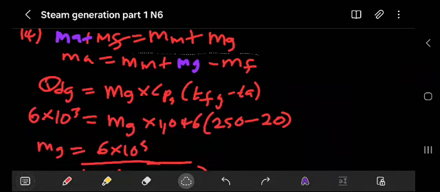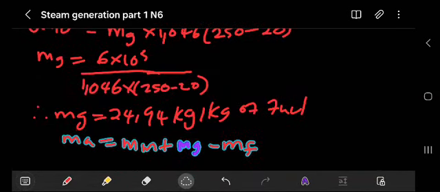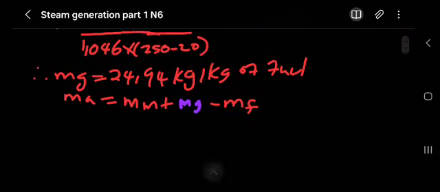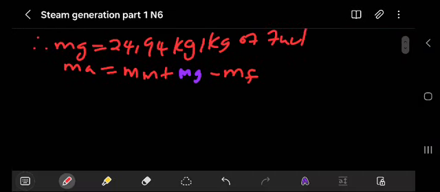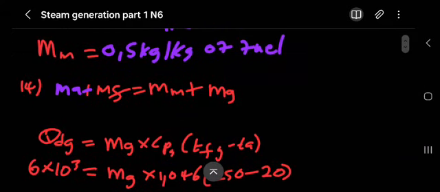Alright, so the mass of air: the mass of the moisture, we have calculated the mass of the moisture previously. Here it is 0.5.